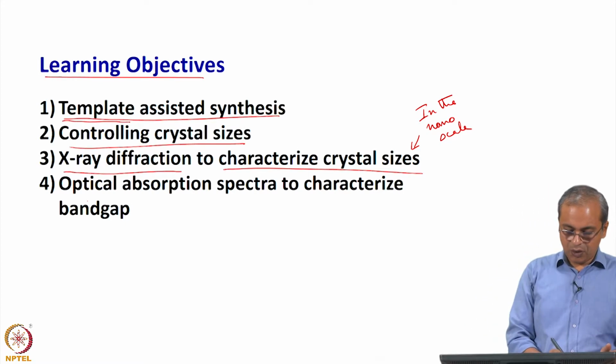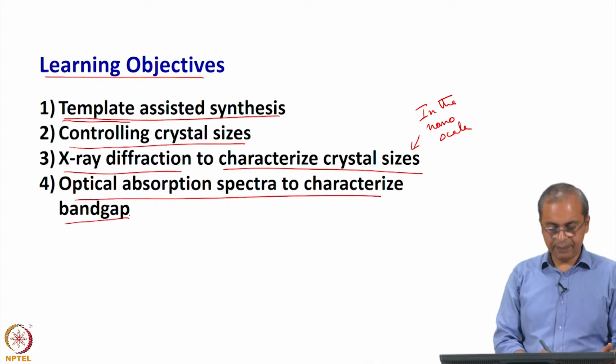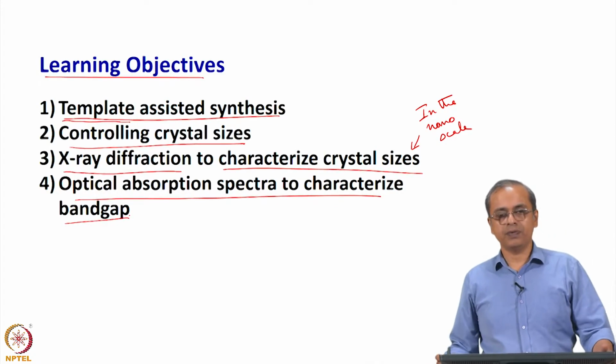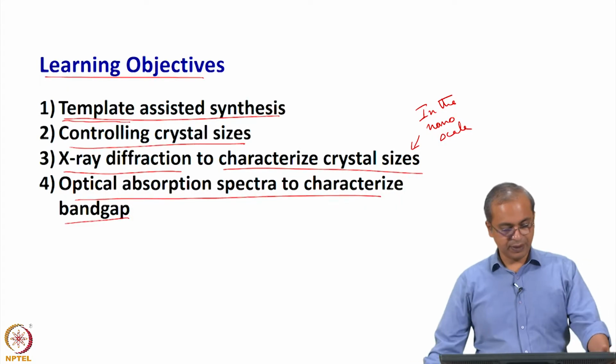We will then look at optical absorption spectra that are used to characterize the band gap. So, both of these aspects we will look at. Okay. So, this is what we will look at in today's class.